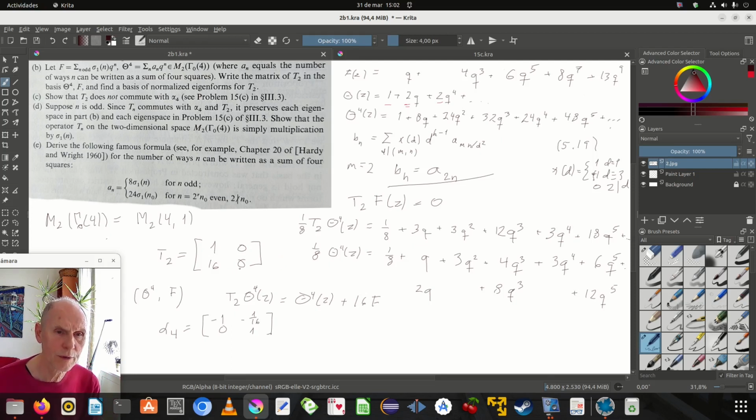And we can just multiply the two matrices in different order, and then that should give something different. So that's like the general way to prove it. G2 alpha 4 and alpha 4 G2. So they don't commute. All right, now we have done C.